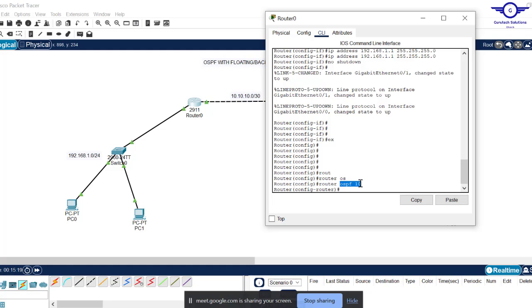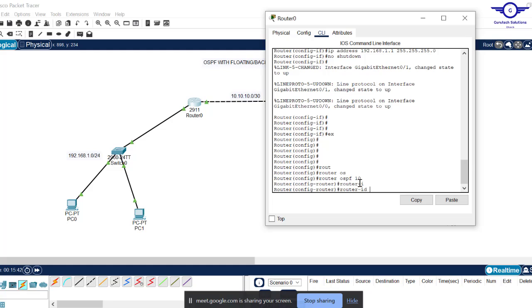Then you give the router an ID. This is a process ID, but now you give it a router ID. An ID is just like an identity, so routers can know that my neighbor has this ID. So it's for easy identification. So just say router-id, let's give it 1.1.1.1. It should be 4 octets, just like an IP address.